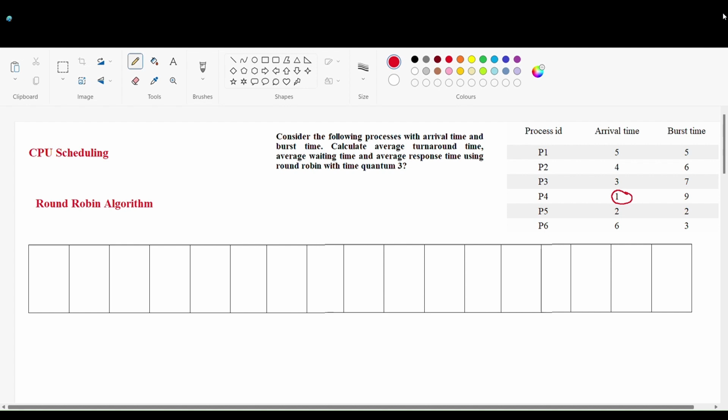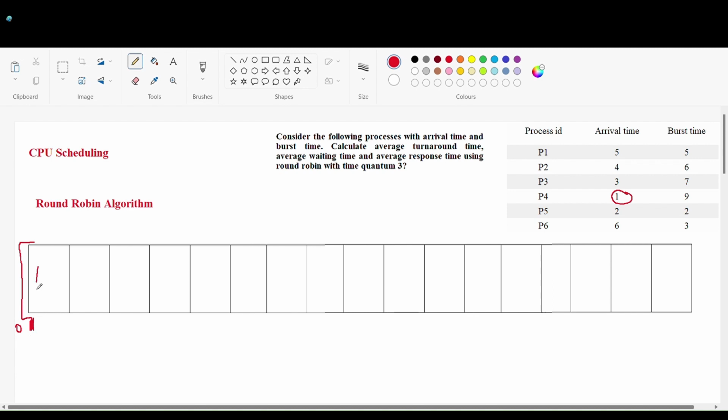So the execution will start from P4, but before P4 there was no process in the system. Remember this point, because from 0 to 1 the CPU was idle. So the CPU will start from 1 to execute P4.